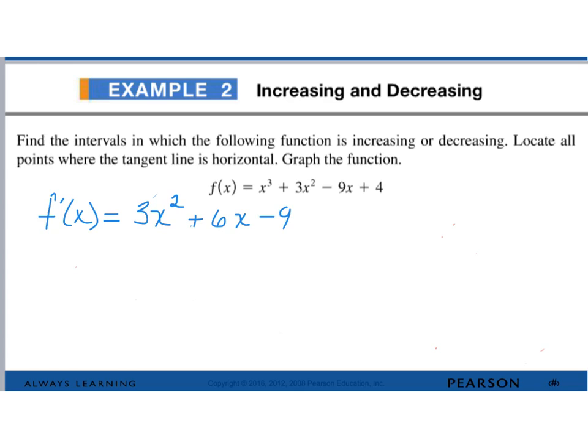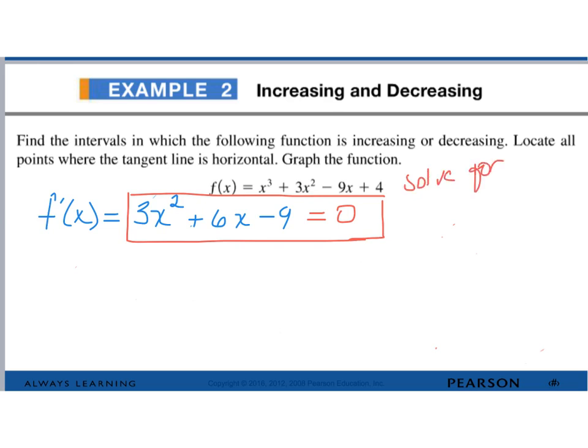And the second step is finding the critical values. To find the critical values, we take that derivative and set it equal to 0. Now, there's two ways to solve for x here. You can use the quadratic formula.